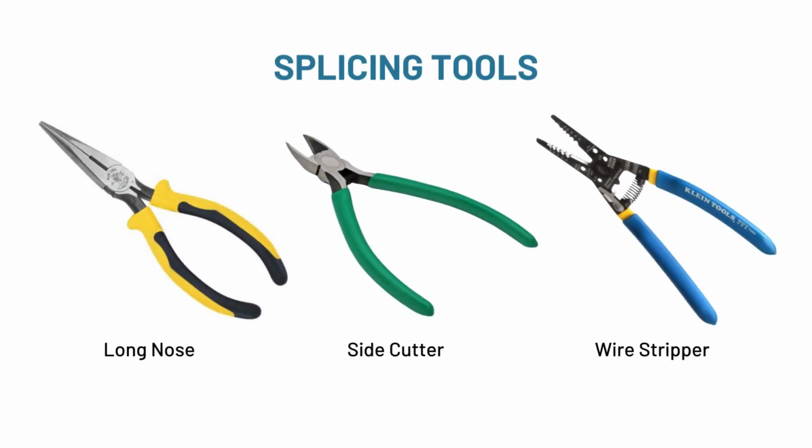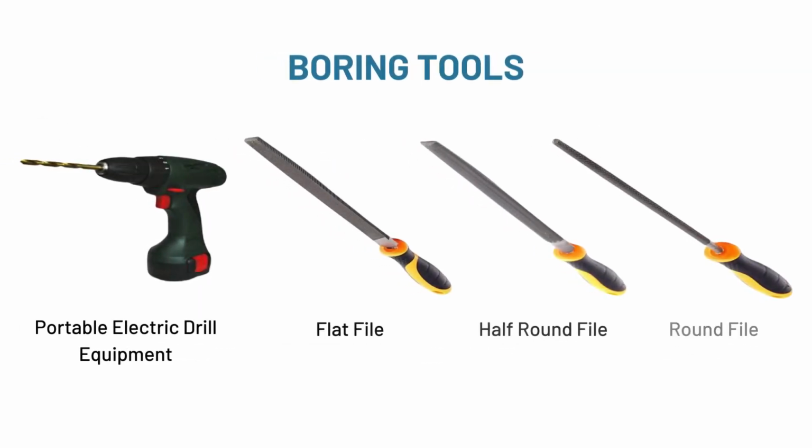The third category will be the splicing tools such as long nose, side cutter, and wire stripper. The next category will be boring tools such as portable electric drill equipment, flat file, half round file, and round file.